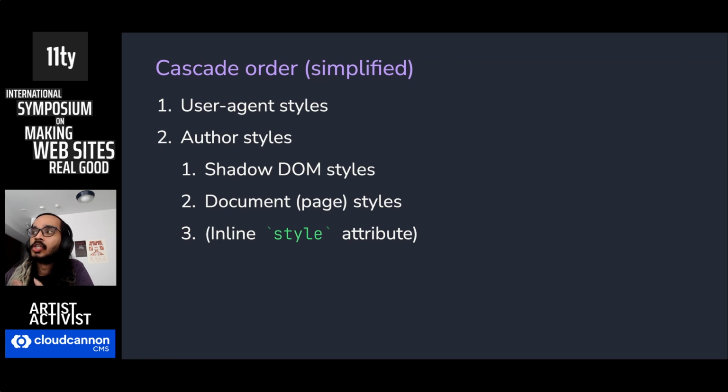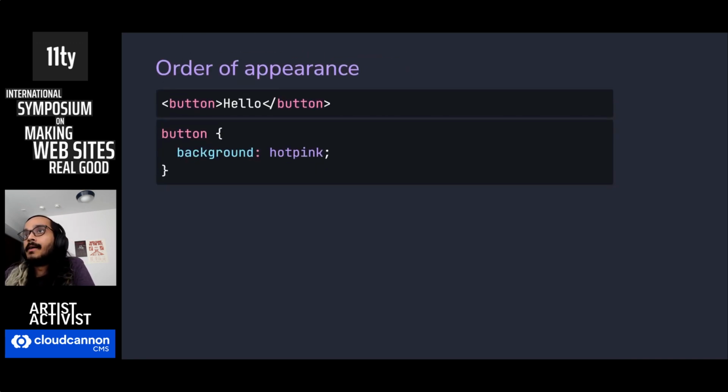The browser doesn't need to resolve the cascade in order to get the style attribute because it's literally attached to the element itself. But yeah, now that we understand Shadow DOM, we can talk about the rest of the page. And the first and most simple concept there is order of appearance.